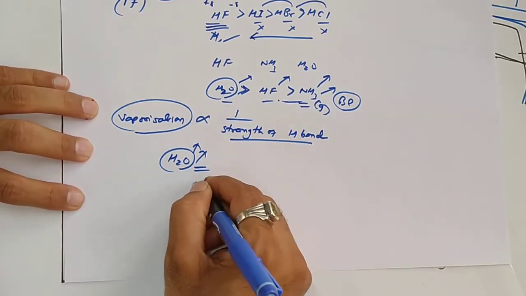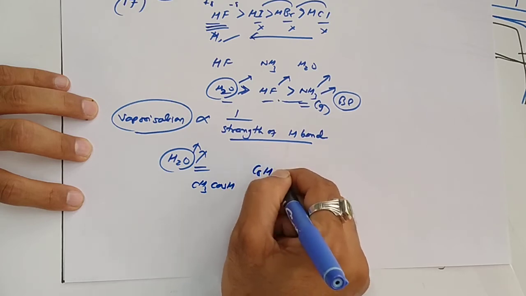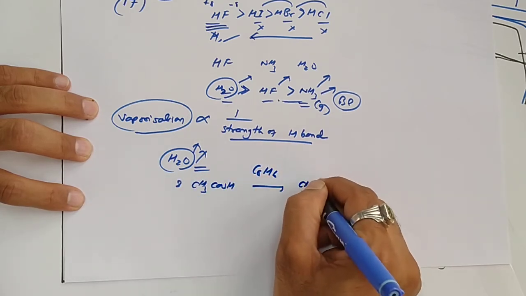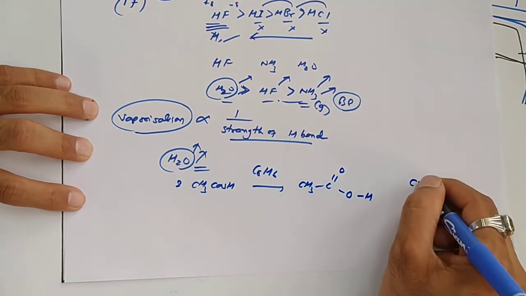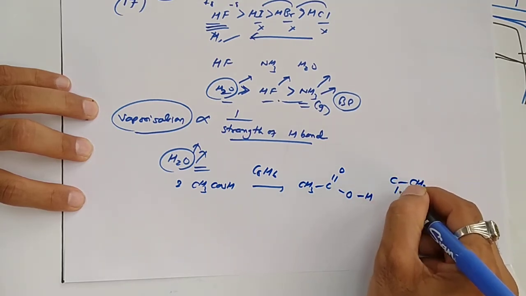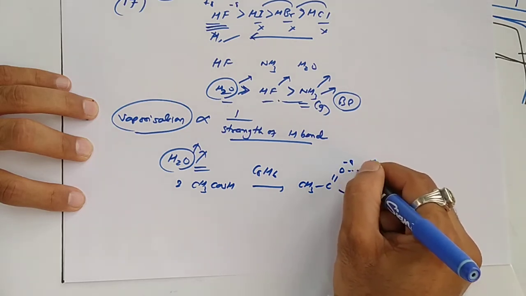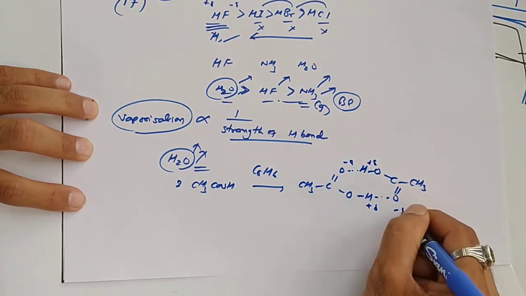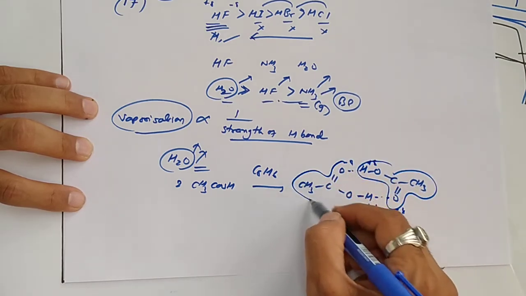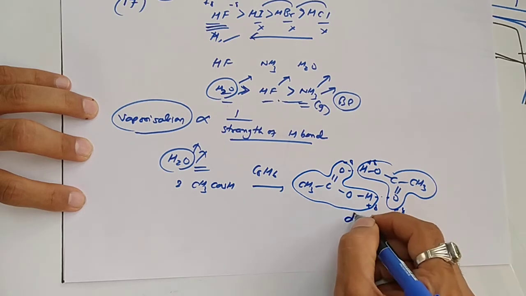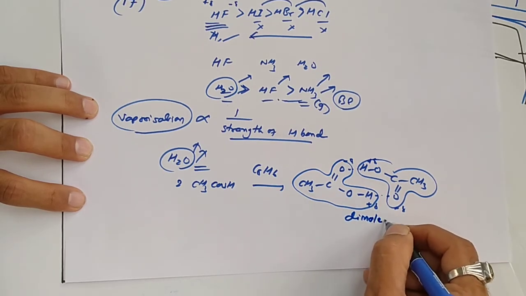Now last, acetic acid when we dissolve it into benzene. So actually what happens? It combines with each other by strong hydrogen bonding and makes a dimer molecule.